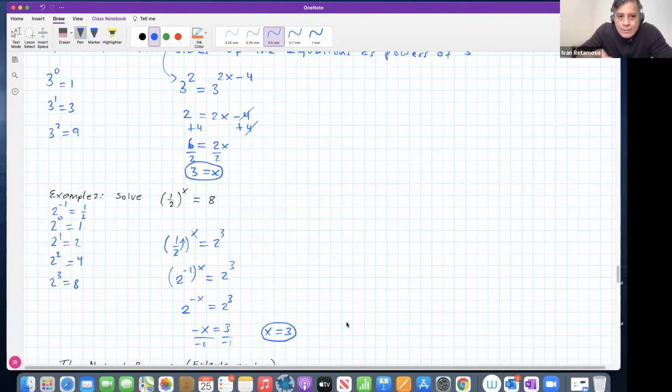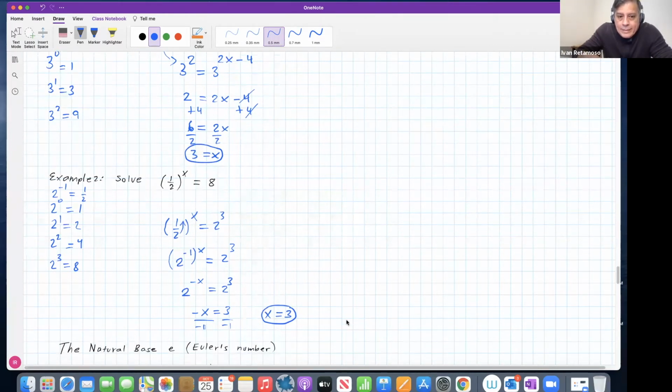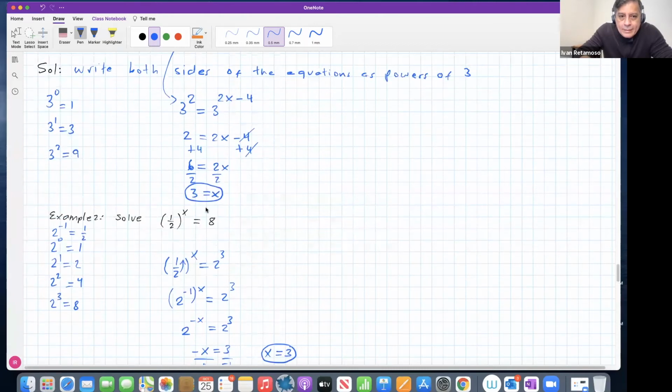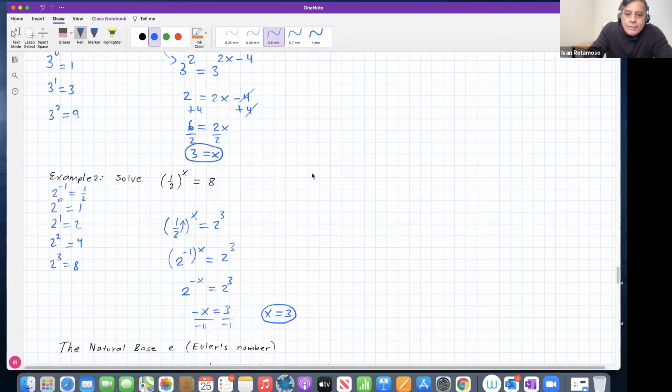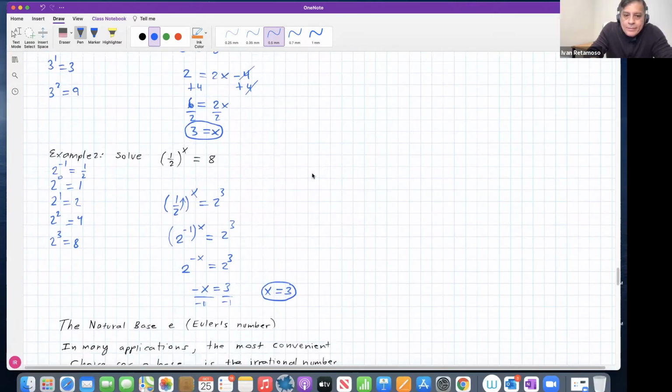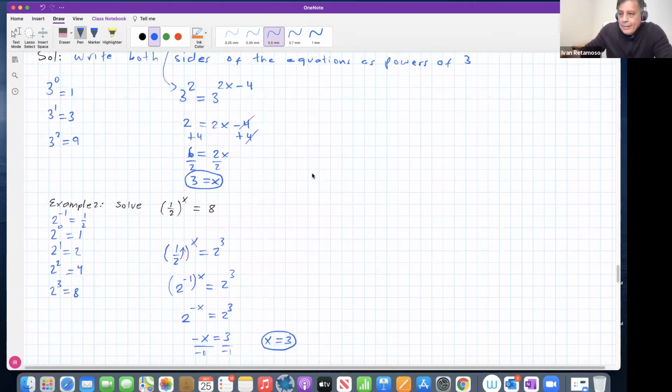Later we will see more complicated ones, but I will give you other techniques, right? But in these cases, it is enough to express both sides of the equation using the same base and use the fact that exponential functions are one-to-one. I'm going to give you a basic example for you to solve here.